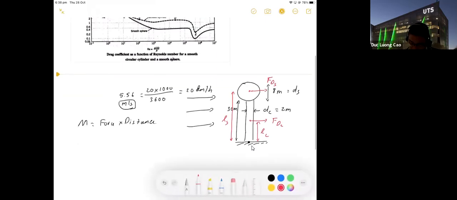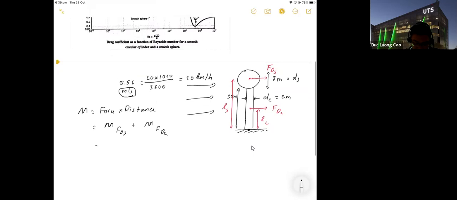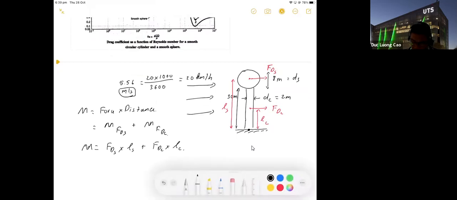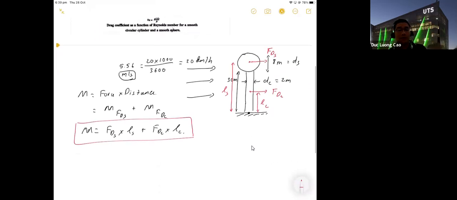So the moment will be equal to the moment by FDS, the drag force applied to the sphere, the shell, and the moment by FDC applied to the cylinder. So this is equal to FDS times LS plus FDC times LC. This is the equation: moment equals force times the distance.